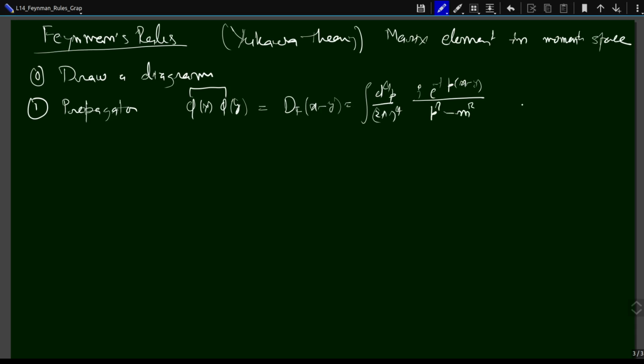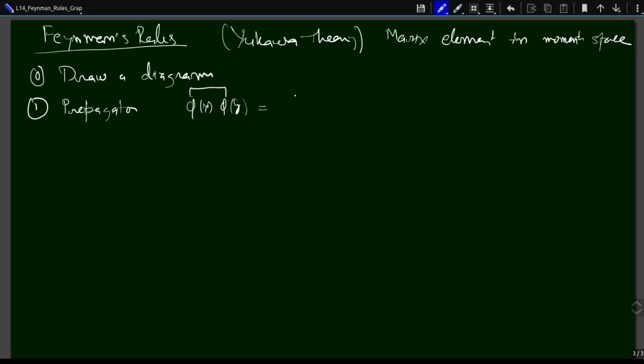It is denoted by a broken line, with momentum p flowing from one side to the other. My apology, I'm doing this in momentum space, so I don't need all this extra.